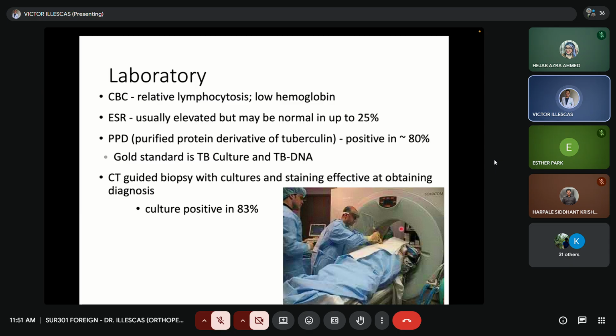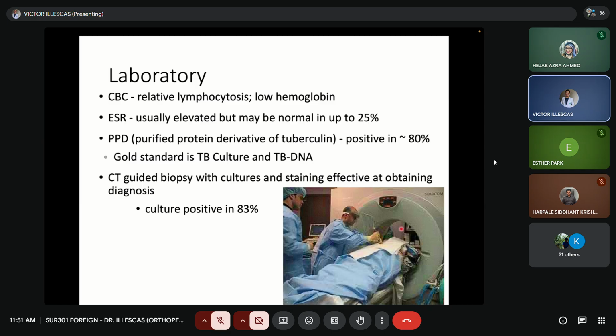The gold standard, remember this, the gold standard for diagnosing Pott's disease is CT guided biopsy. So you insert a needle, get a biopsy of that vertebral body, and then send it to the laboratory to confirm if it is truly TB in nature.